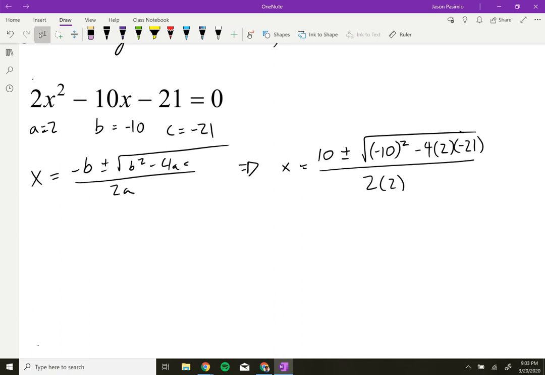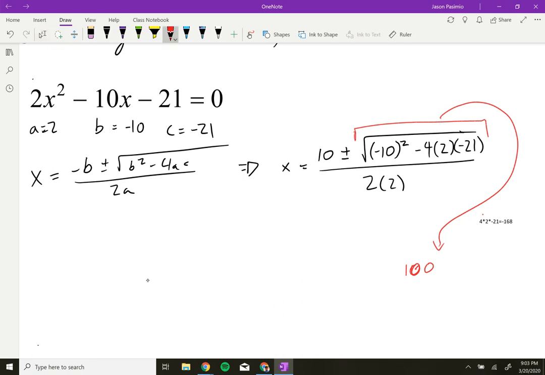So, like I said, I start off by solving the discriminant. I'm just going to take this little piece over here, and I'm going to simplify that. Negative 10 squared is 100. Negative 4 times 2 is negative 8, times negative 21 equals 168.